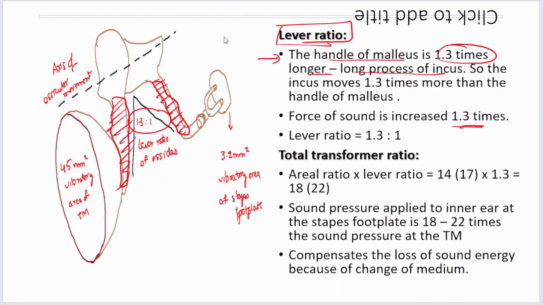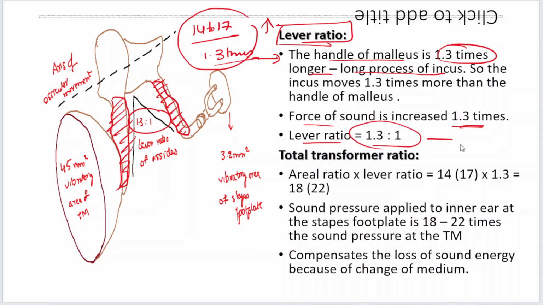Did you see that the areal ratio is 14 to 17 times, while the lever ratio is 1.3:1? So what is the total transformer ratio? You multiply the areal ratio, 14 or 17, by the lever ratio, 1.3. That's how you come to 18 or 22.